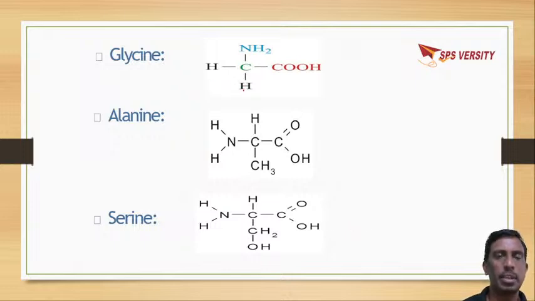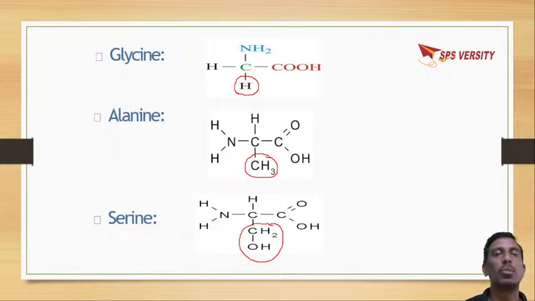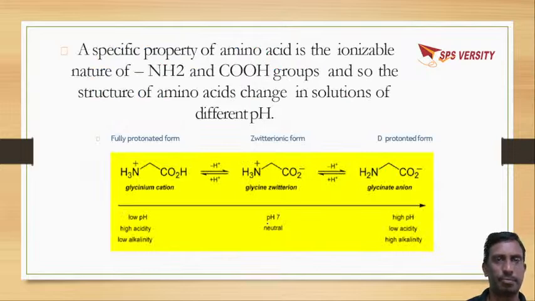Glycine में R group में hydrogen है. Alanine methyl. Serine hydroxymethyl. So based on this, there are 20 different amino acids which form a major component of protein. Proteins are made up of amino acids.